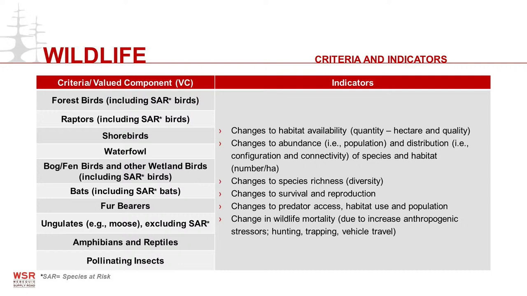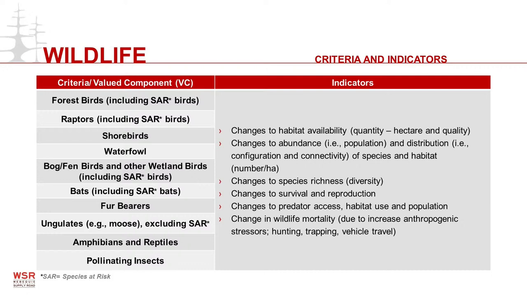And then we talk about changes to abundance. Abundance meaning populations, and distribution meaning the area over which, like the land or water area over which, a species would travel or use. And then even within that, you have the connectivity of it.